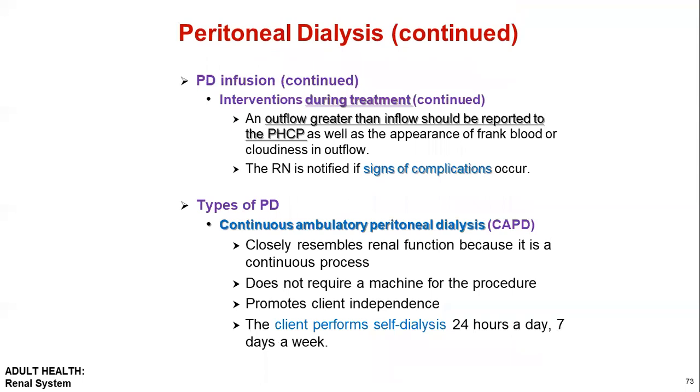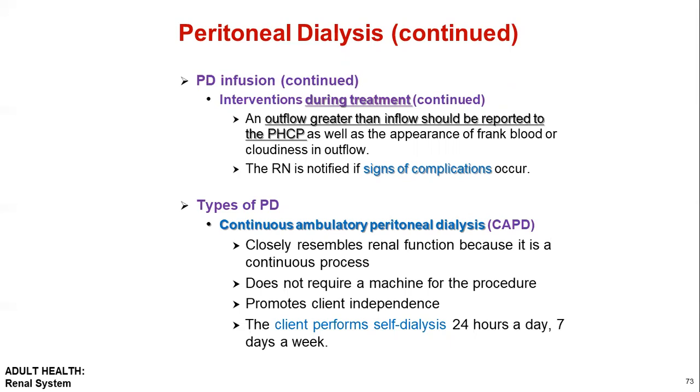What else? During the treatment, outflow greater than the inflow should be reported to the healthcare provider. Also, we have to notify the RN if we see any complication. What are the complications? As I mentioned, peritonitis: if there is peritonitis, the outflow will be cloudy.